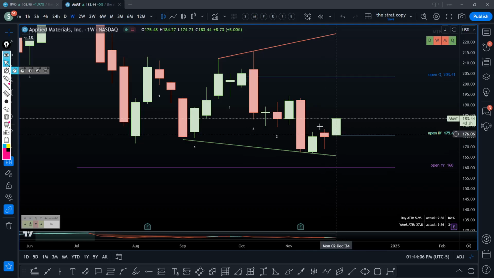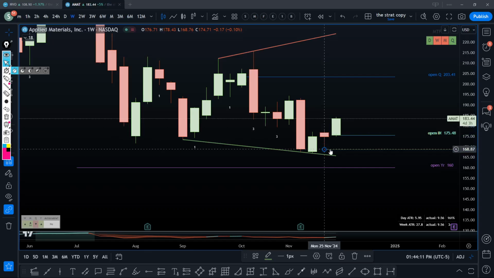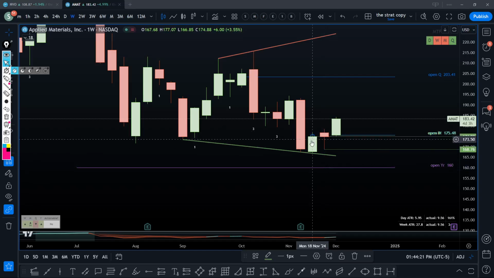And this candle here, even though it's red, what it's also showing you is that at a certain point, the sellers brought this all the way down to 168. And then during that same candle, the buyers brought it all the way back up to 174.71 to close the week.